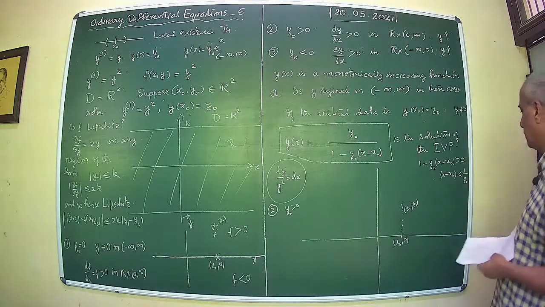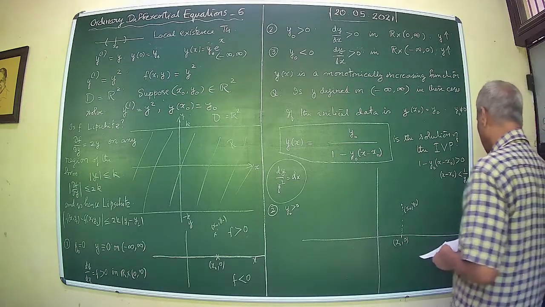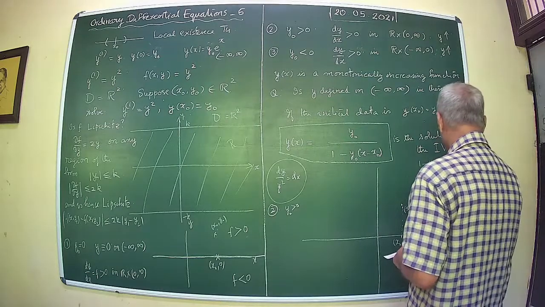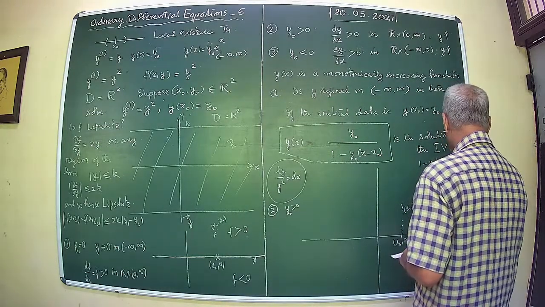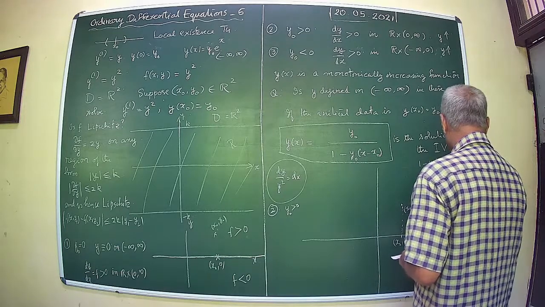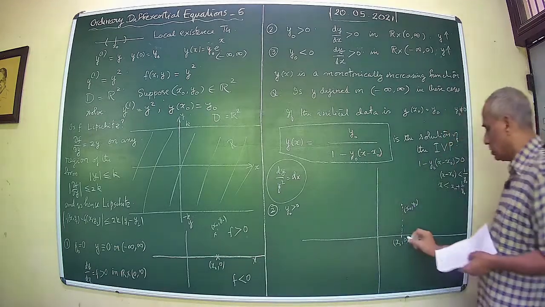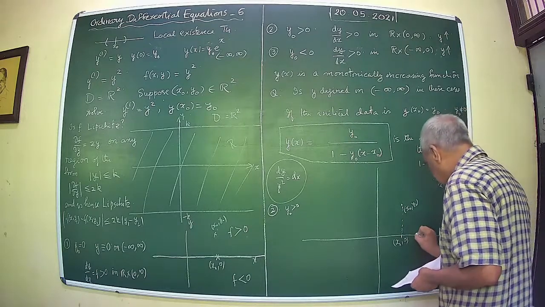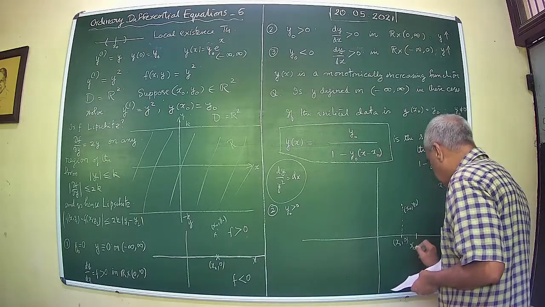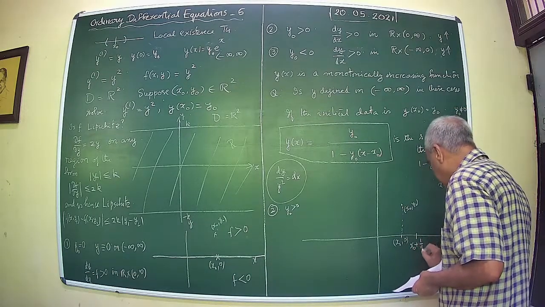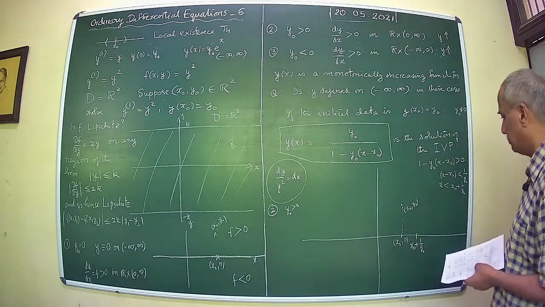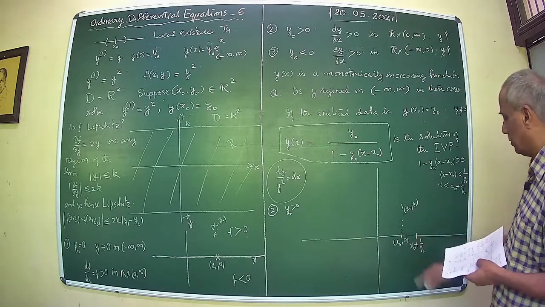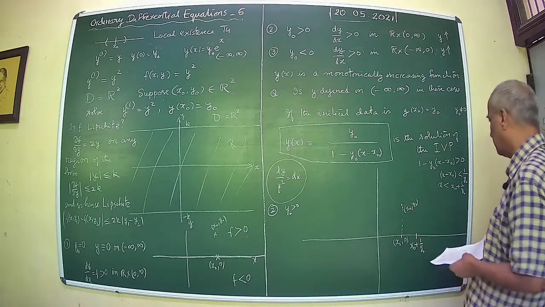So x is less than x naught plus 1 by y naught. Y naught is positive, so you take the point x naught plus 1 by y naught. It is some point on this side, and to the right of this.